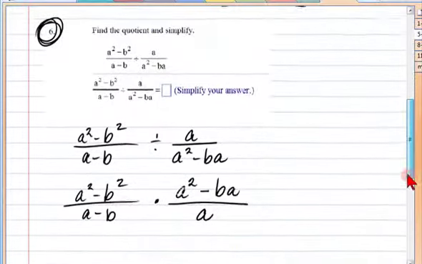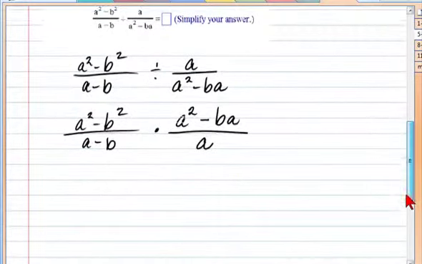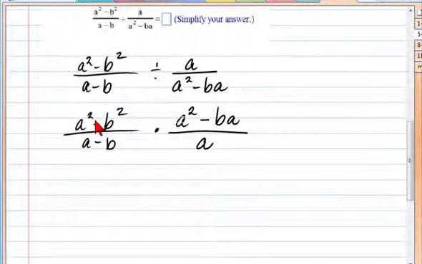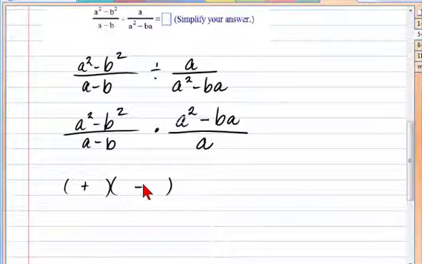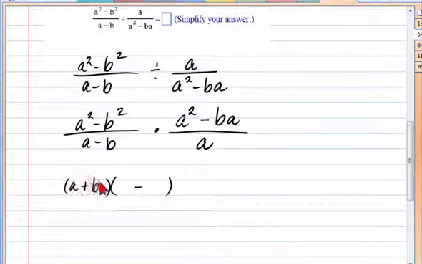But if you've got any pluses or minuses, you better be factoring. All right, numerator of the first fraction. What do you recognize? Squares, difference of squares. A squared minus b squared. It factors into a sum and a difference. A plus b, a minus b.